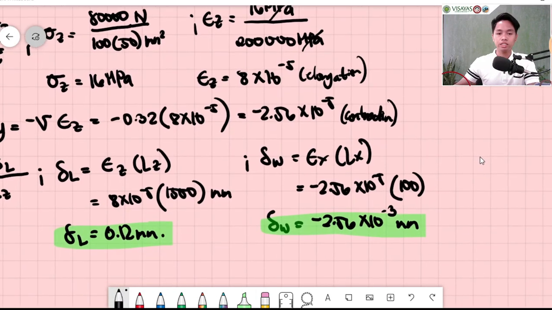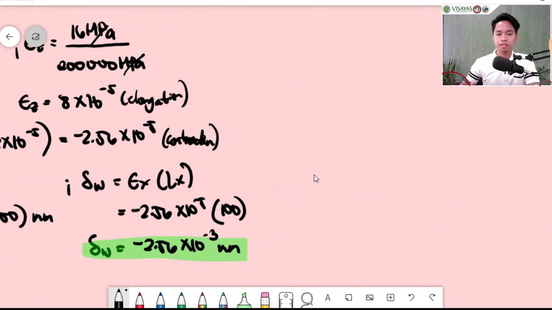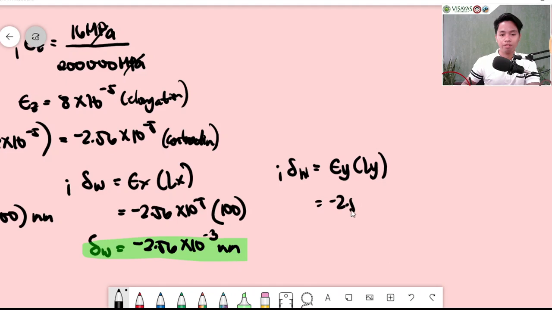Now, for your change in height, in this case, we are using your strain at Y, right? Your y-axis, your height. So that would be your strain at Y multiplied by your LY. So this would be negative 2.56 times 10 to the negative 5 multiplied by your LY, which is 50.